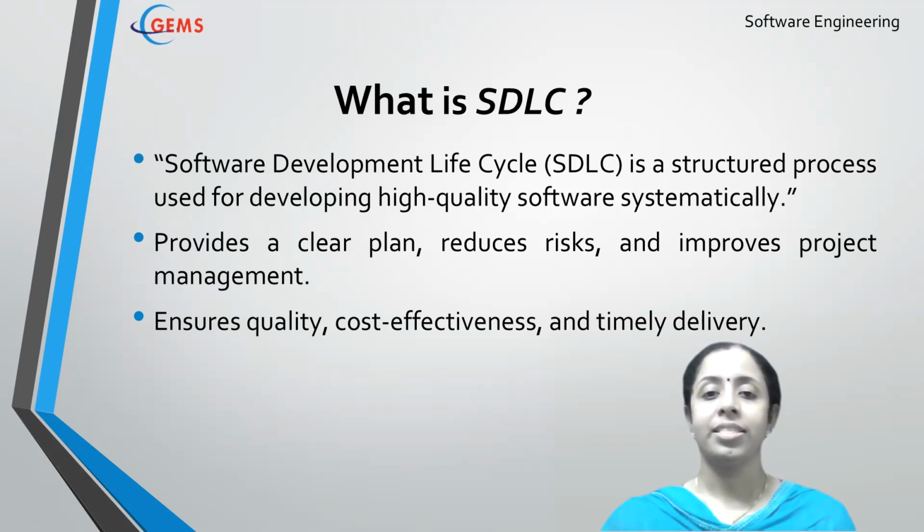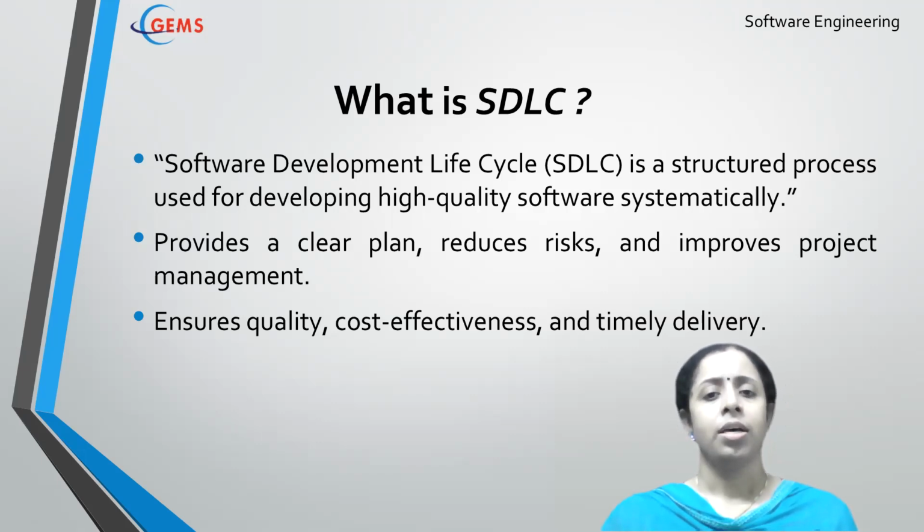So SDLC is the step-by-step procedure of software development, done systematically, which is used to provide a clear plan about the development life cycle of a software. And it is also used to ensure quality, cost effectiveness, and timely delivery.